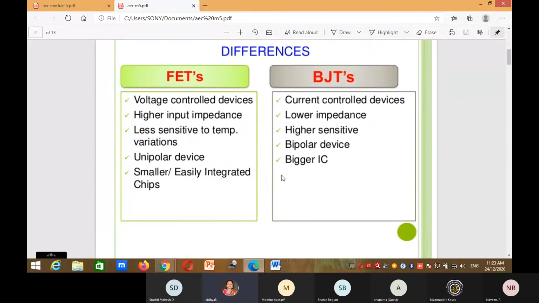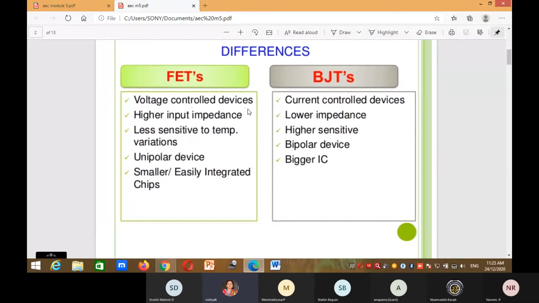Next is the difference between FET and BJT. FET is a voltage control device, but BJT is a current control device.